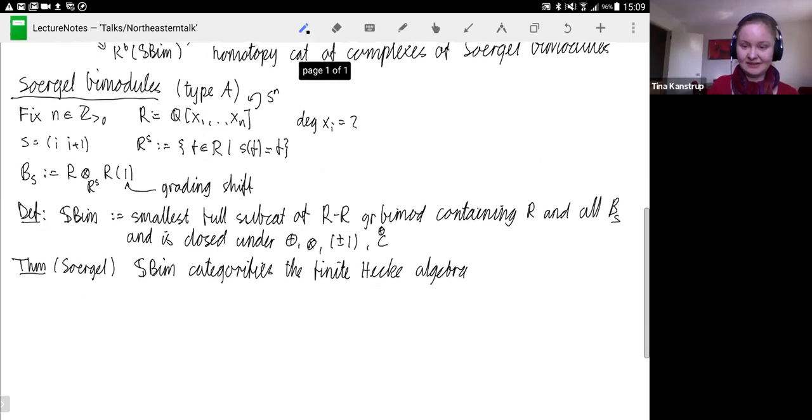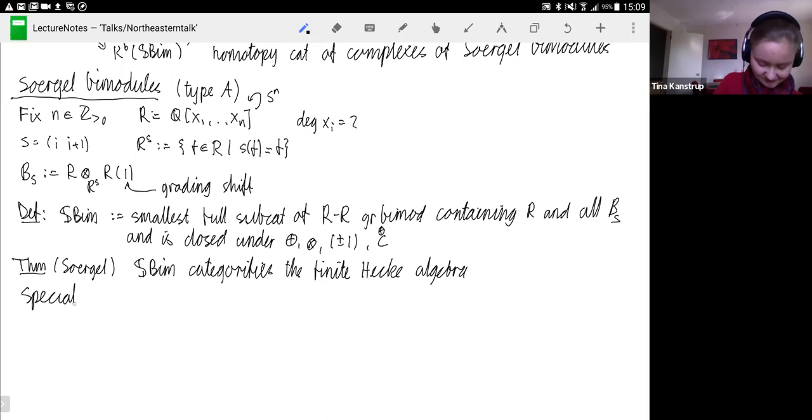Okay, so now let me introduce two complexes which will be the foundation of our link invariants. So we have two special complexes.